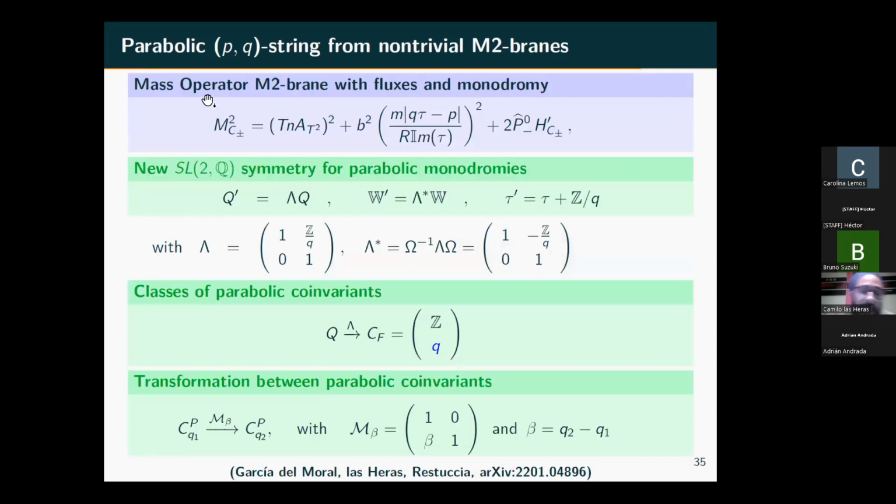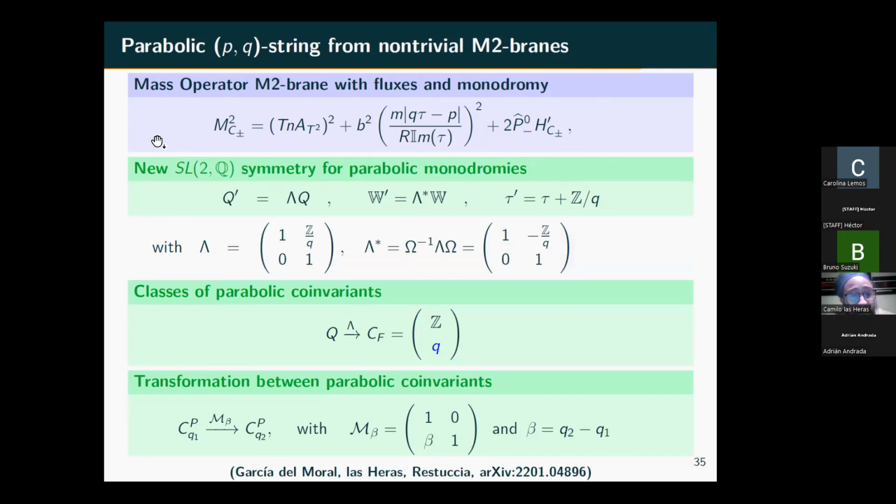And in this case, we found the next thing. The mass operator of an M2 brane with fluxes and monodromy can in general be written in this way that we have here, where we have the winding term, the Kaluza-Klein term, and the membrane excitations that, as I showed you before, are related to the non-zero modes of the Hamiltonian.